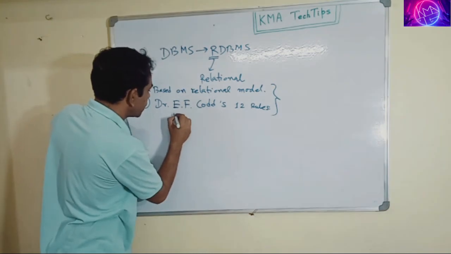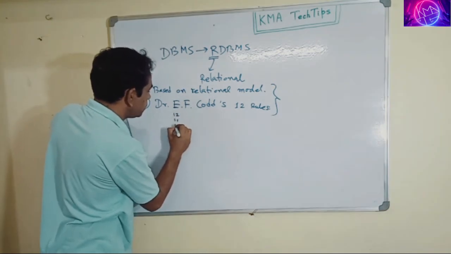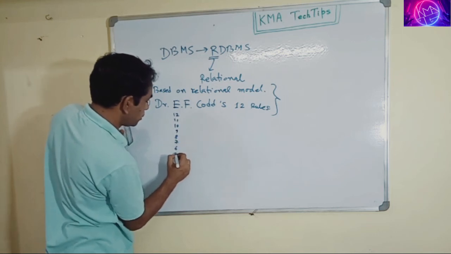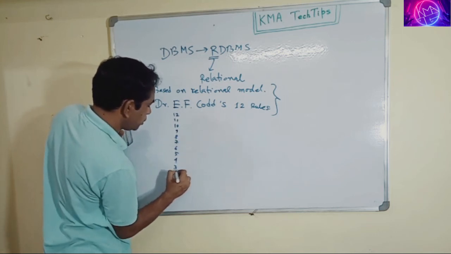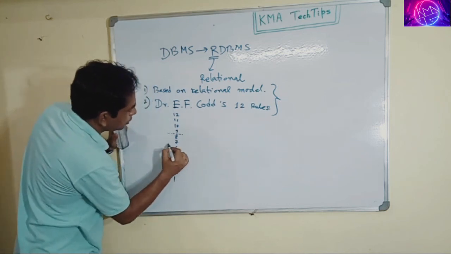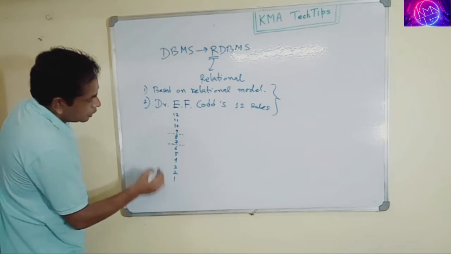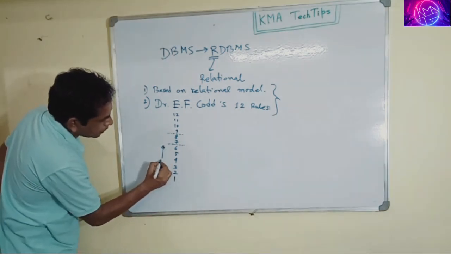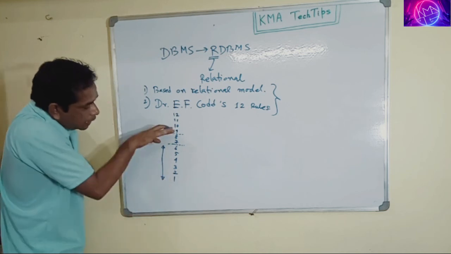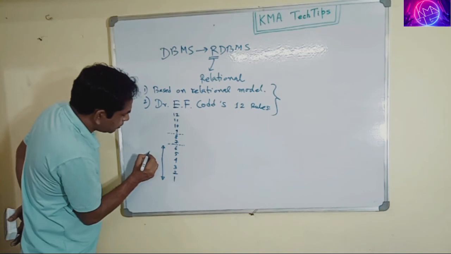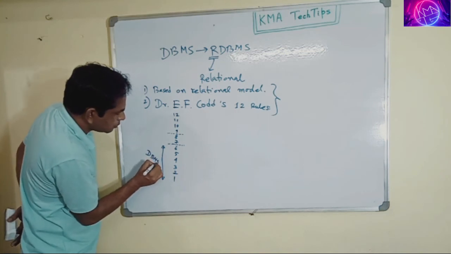Now let's see: 12, 11, 10, 9, 8, 7, 6, 5, 4, 3, 2, 1. This is the boundary level, 7 to 8. A database which satisfies fewer than 7 to 8 rules of Dr. Codd is termed a simple DBMS.